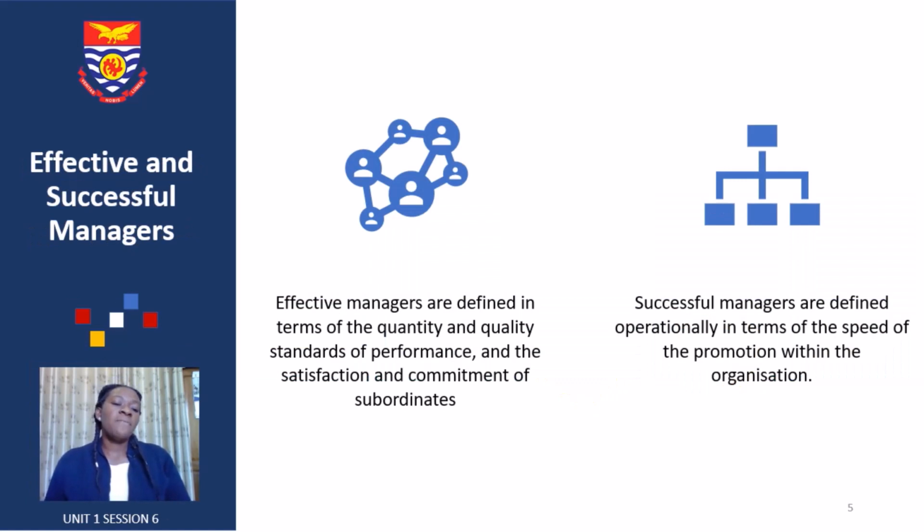So, effective and successful managers, let's look at the difference between the two. Effective managers are defined in terms of quality and quantity standards of performance and the satisfaction and commitment of their subordinates.